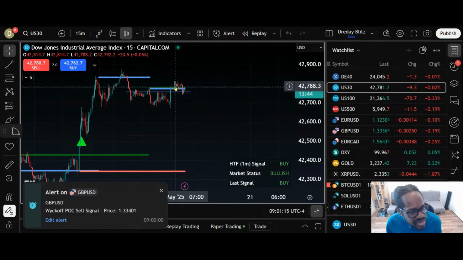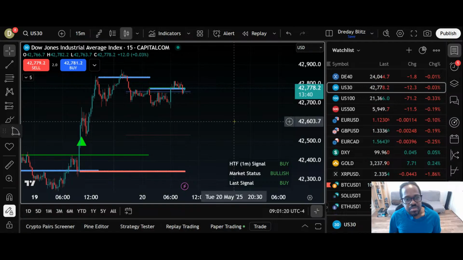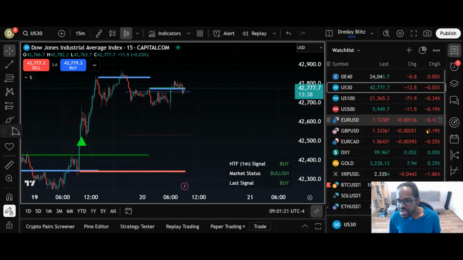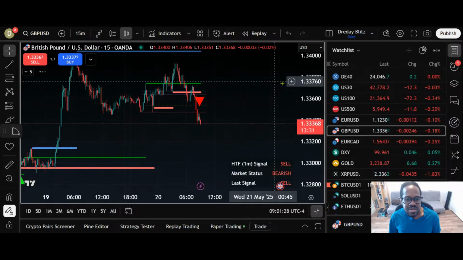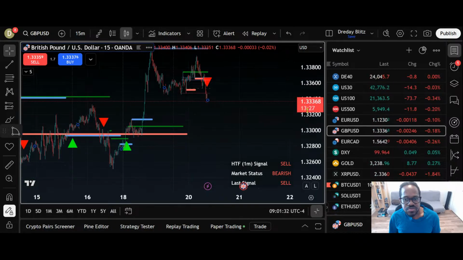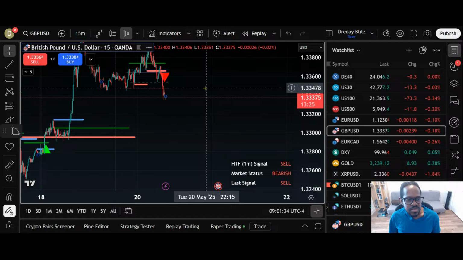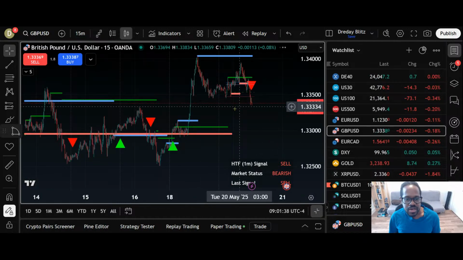So we have a GU buy. Let me check if it was a buy specifically. I think it was a GU sell. Yeah, so we're officially selling here GU. So looking for a downtrend on GU right now.